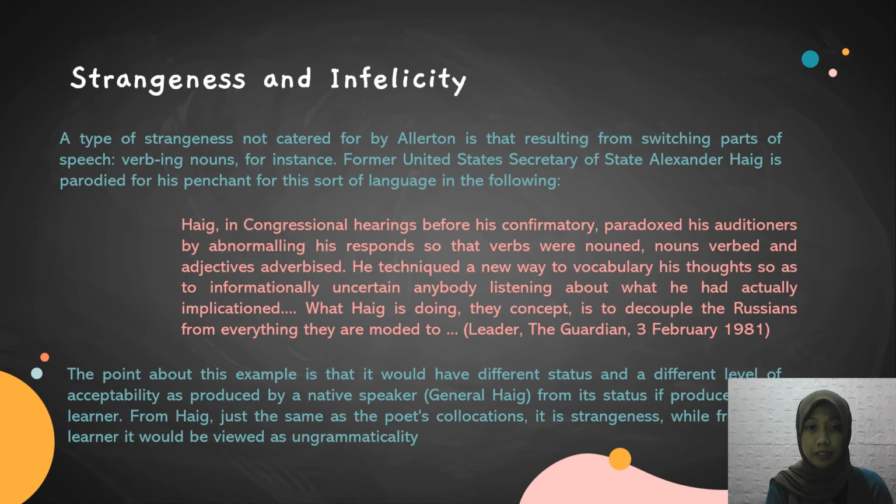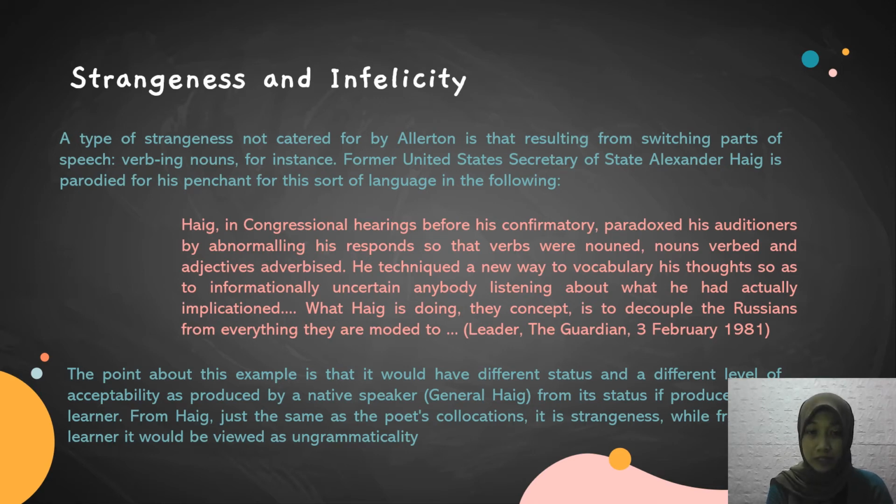Strangeness and infelicity. A type of strangeness not catered for by Allerton is that resulting from switching parts of speech, verb-ing nouns for instance. Former United States Secretary of State Alexander Haig is parodied for his penchant for this sort of language in the following.